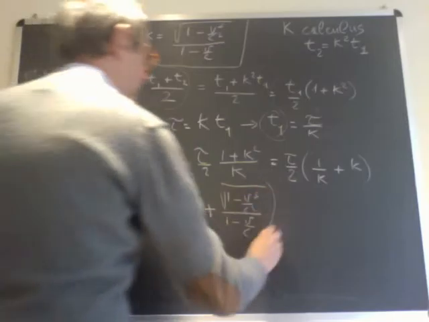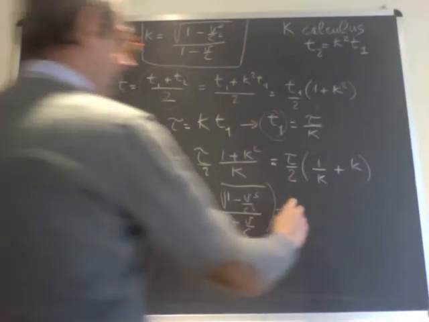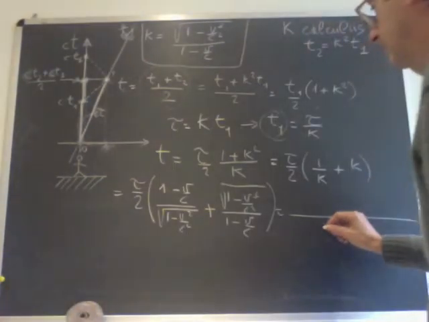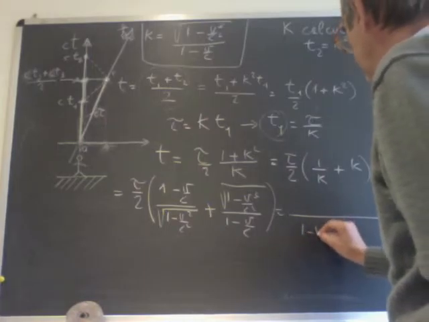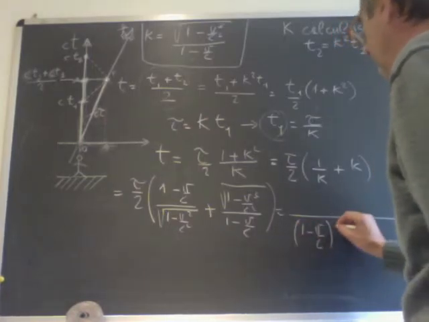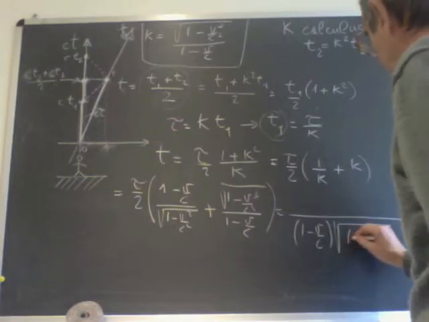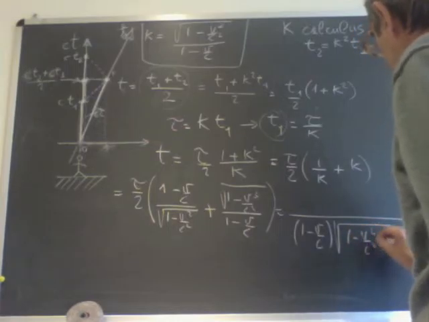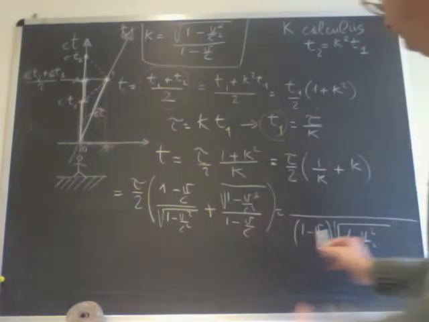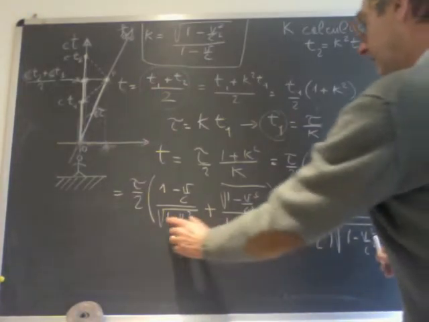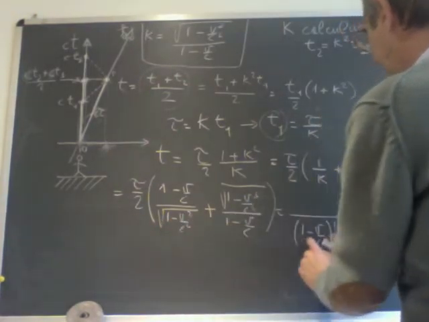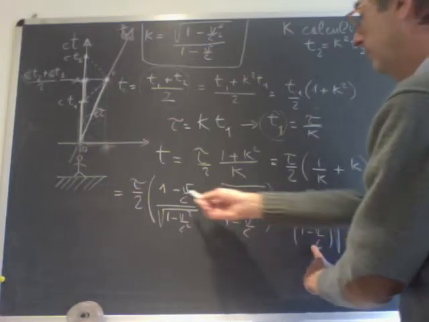If I work out the common denominator, that is 1 minus v over c times the square root of 1 minus v squared over c squared, I multiply this term by this.